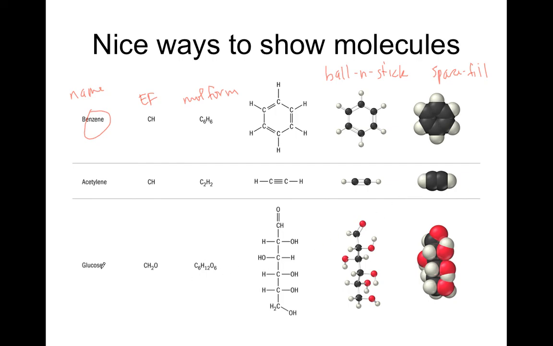And you see the same thing for glucose here, where the empirical formula, there are 2 atoms of hydrogen for every 1 atom of carbon and oxygen. But the actual number of atoms in there is here, C6H12O6. And here's how they're connected, right? This is the structural formula.